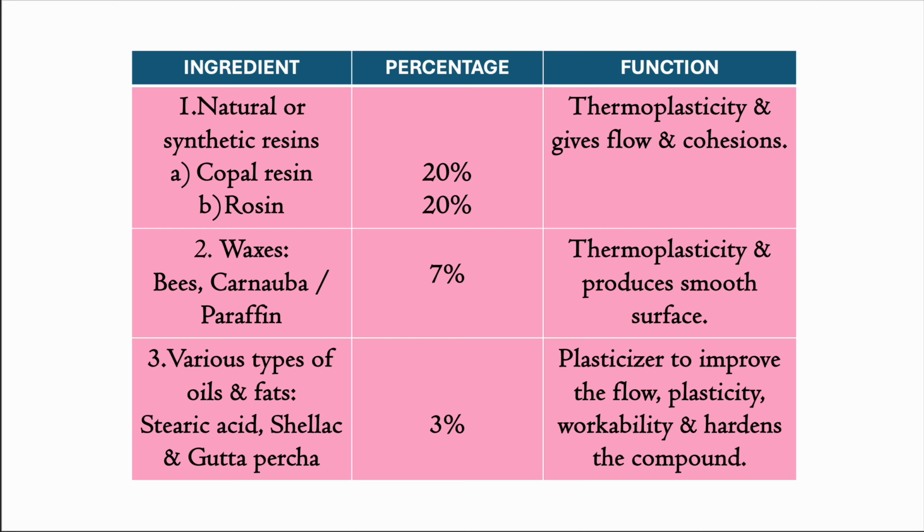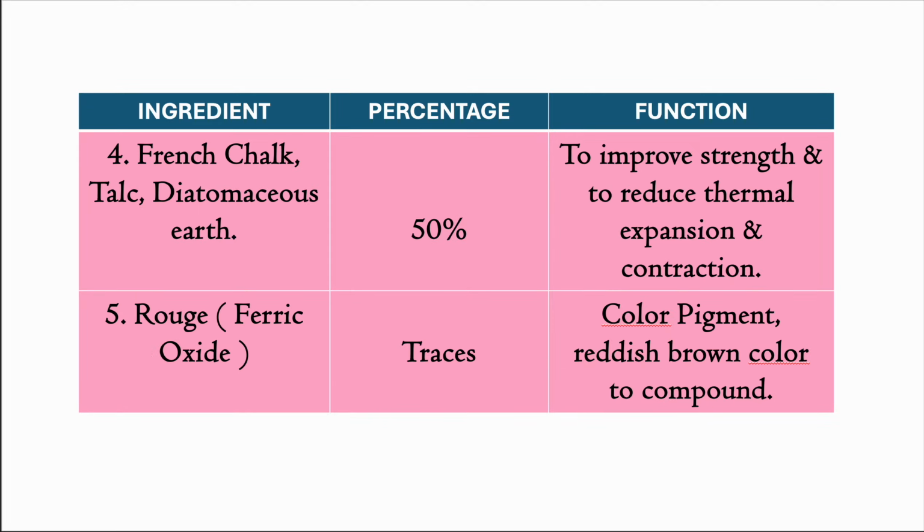It improves the thermoplasticity and produces a smooth surface for the impression. Various types of oils and fats include stearic acid, shellac and gutta percha. It constitutes 3% of the composition. It is a plasticizer to improve the flow, plasticity, workability and as well hardens the compound.